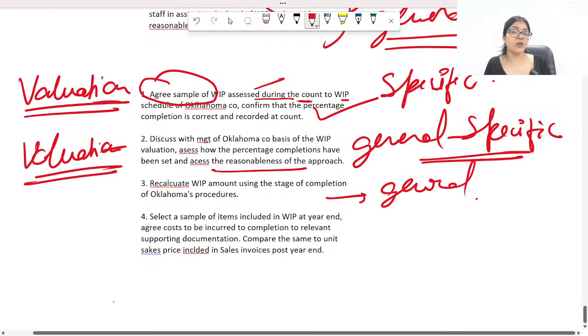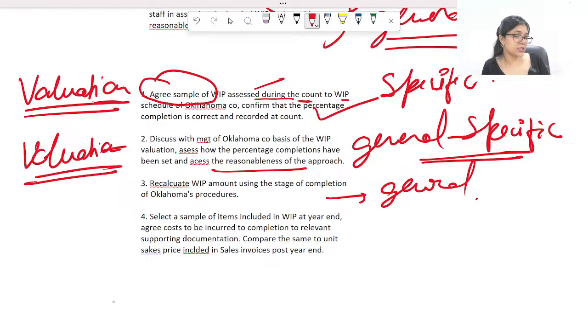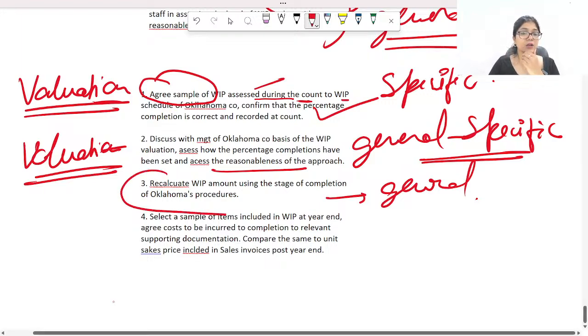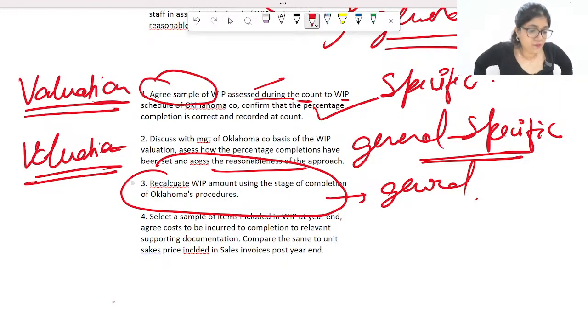Recalculate WIP amount using the stage of completion of Oklahoma's procedures. Guys, what is missing over here? Can anybody tell me what is missing over here? Something is missing, and I have missed it not by mistake. What is missing over here? Quickly tell me what is missing over here.